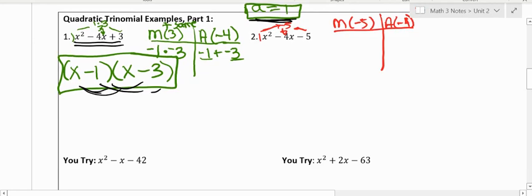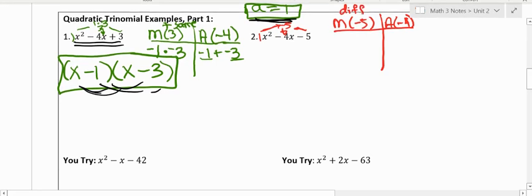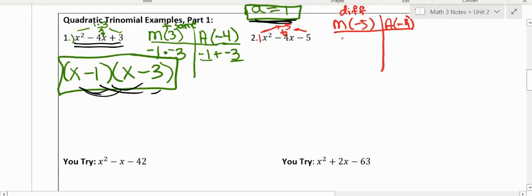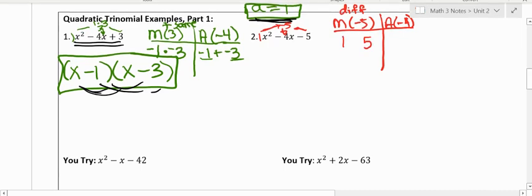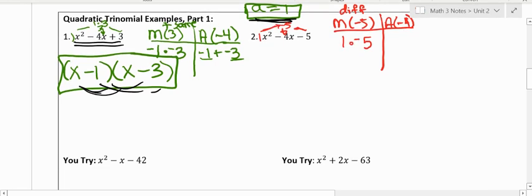So if I look at this, the numbers multiply to a negative, so they're going to be different signs. And the larger number is going to have the negative. If I list all my factors of 5, I see that positive 1 times negative 5 gives me negative 5. And when I add them, I get that negative 4 that I want for my middle value.